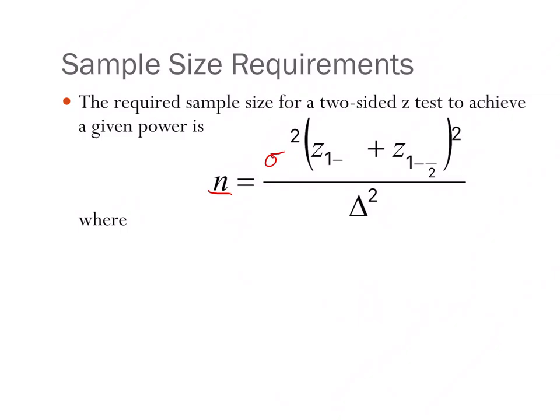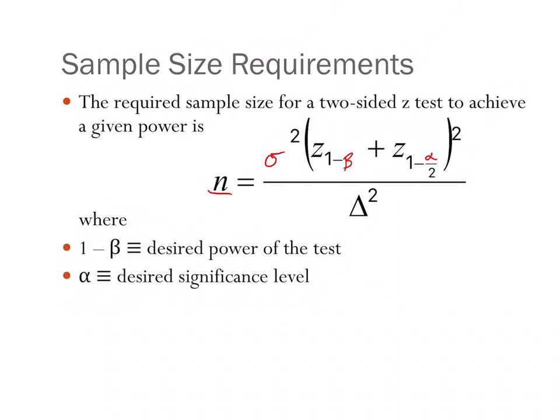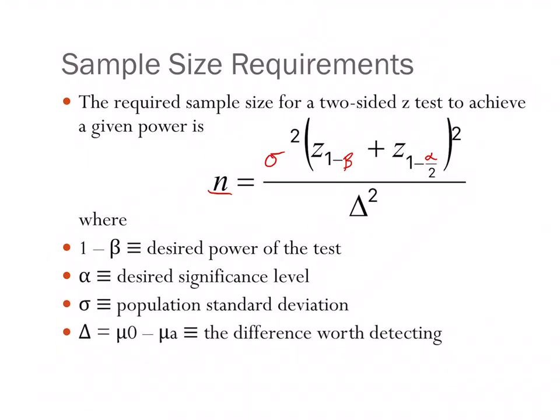So we have our standard deviation squared times the quantity of z of 1 minus beta, which is our power, plus z of 1 minus alpha over 2, squared, over delta squared, where 1 minus beta is the desired power of the test, alpha is the desired significance level of the test, sigma is the standard deviation of the population, and delta, this triangle, is the difference between our mu null hypothesis and alternative hypothesis means. It's the difference worth detecting.